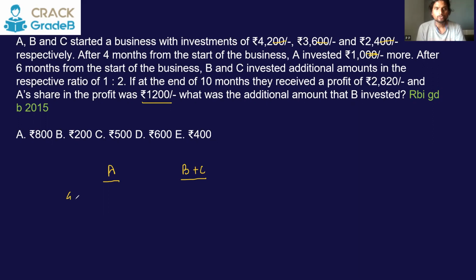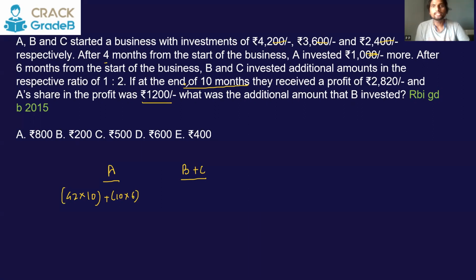So A invested 42. This 42 you can say for the business is run for 10 months. So this 42 he invested for 10 months. And later on, after 4 months, he again invested 10 more. So this 10 will be there for 6 months because the business is running only for 10 months.